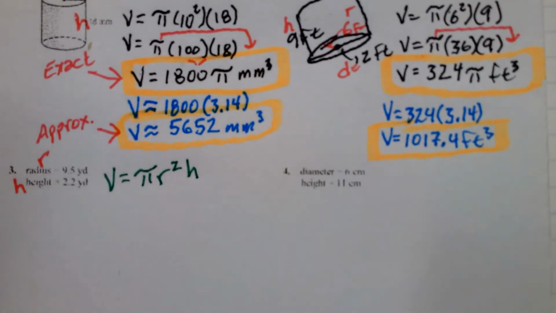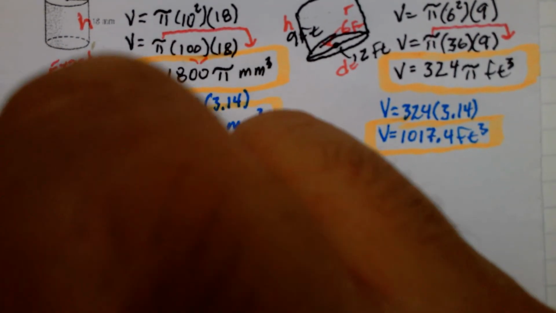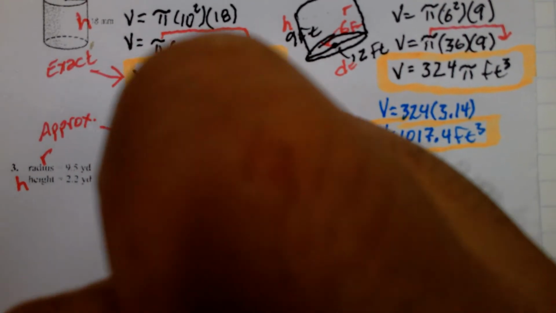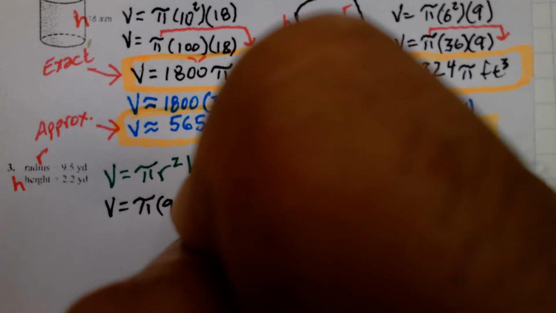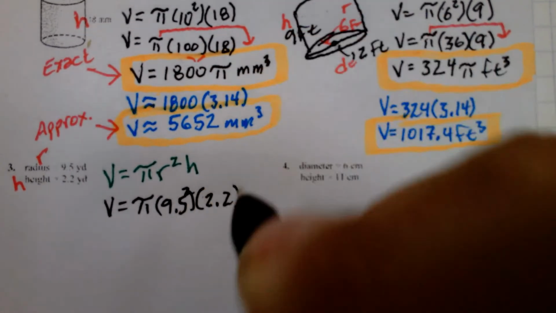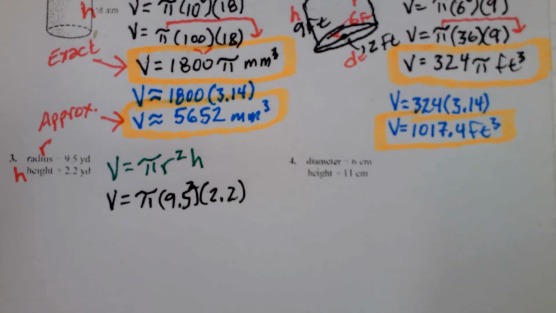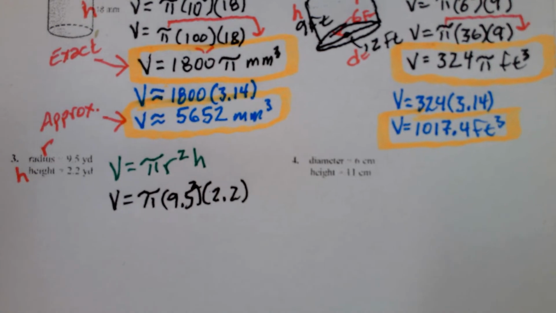Let's put in our numbers. Volume equals, leave this as pi, times 9.5 squared times 2.2. Okay, so that's what we have to figure out. So first thing is 9.5 squared.